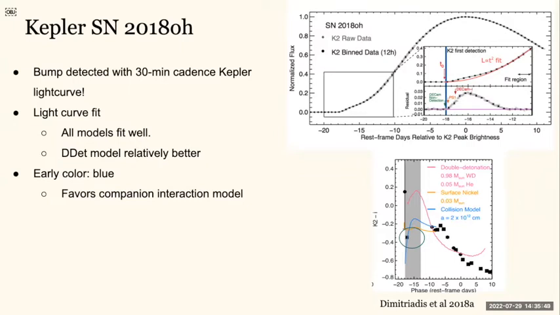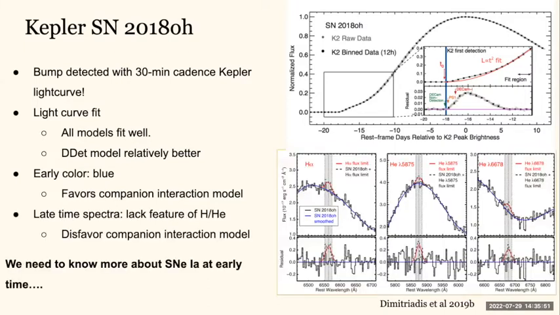I think someone mentioned earlier this week that for the single degenerate model, you would expect to see some hydrogen and helium in later stage spectra, because some of it might be expelled by the shock from the companion star. And people did such a search, but the result is that there are no such features.